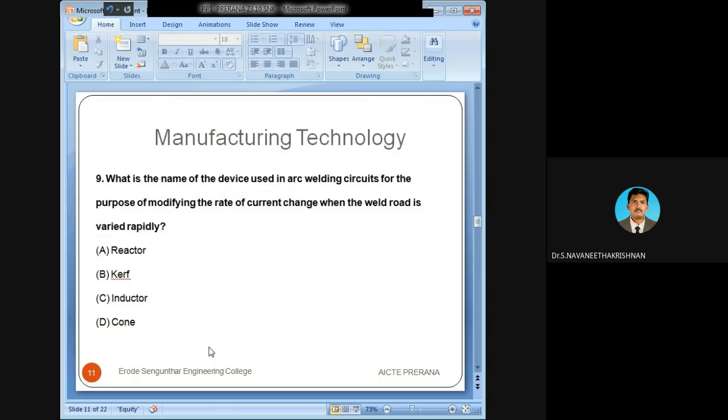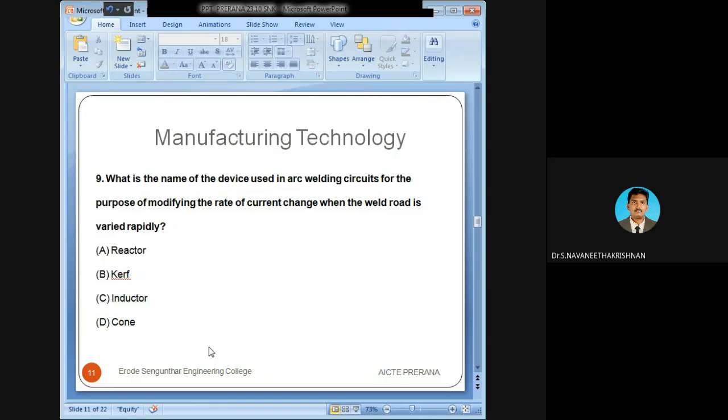So which one is the correct answer? Please tell me that. The correct answer is C, inductor. The inductor type of arc welding circuit is used when the rate of current change is rapid.